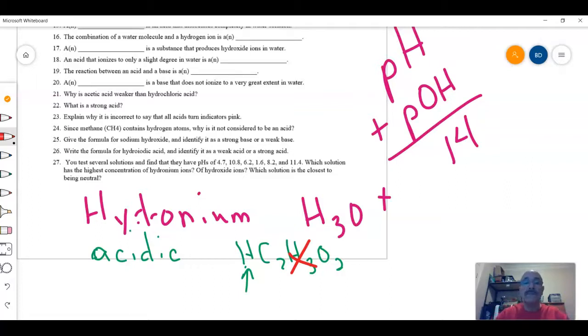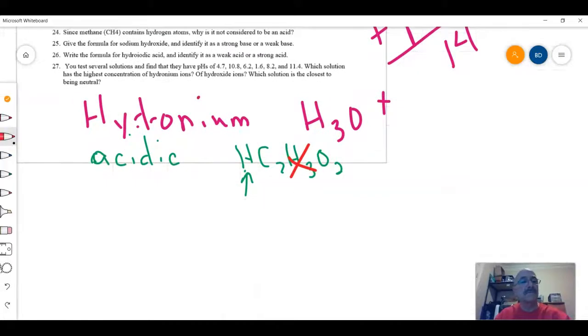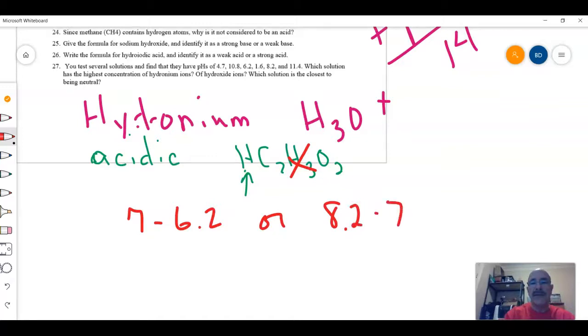Which solution is the closest to being neutral? Now, don't forget here, we have to compare this to 7. Neutral is 7.0. So we're looking at 7 minus 6.2, or 8.2 minus 7.